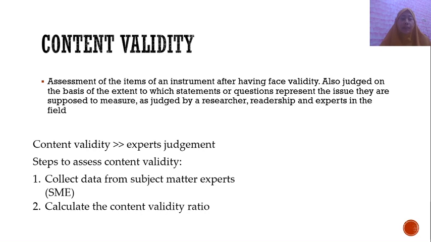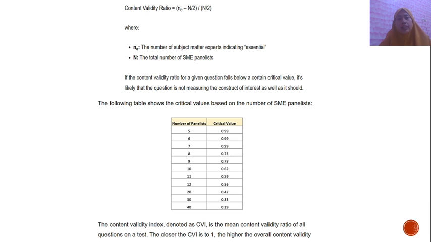Here are the steps to assess content validity. The first one, you collect data from subject matter experts, or SMEs, and then you calculate the content validity ratio. Here is the content validity ratio formula.